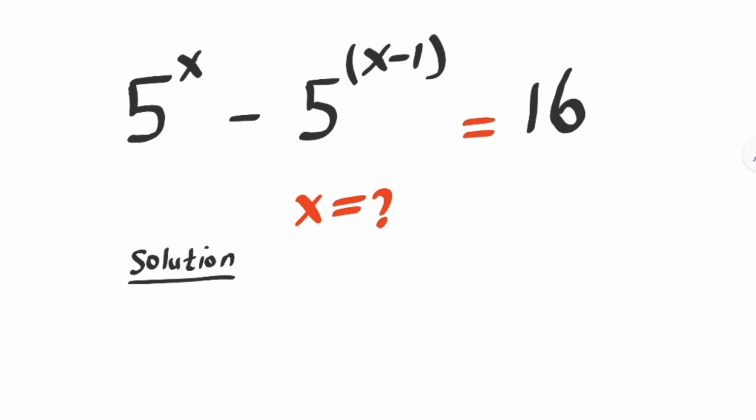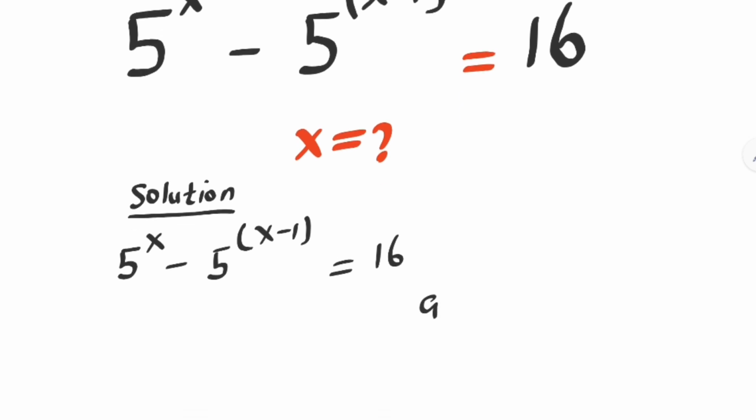We have the given equation 5 raised to power x minus 5 raised to power x minus 1 is equal to 16. Take note of this, that if you have a raised to power m plus n, this is equal to a raised to power m multiplied by a raised to power n.